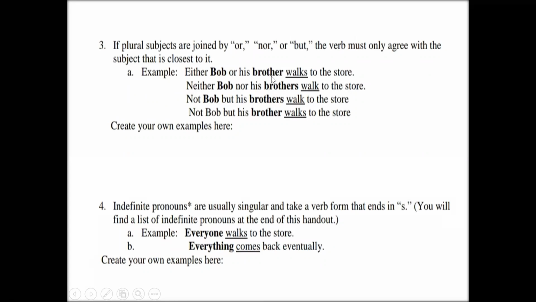Like here, the brother is singular, so we have written the singular verb. Here the brother is plural, so we have written the plural verb. And the fifth rule was when we talk about everyone and everything. If everyone and everything is the subject, it will be called a singular subject.